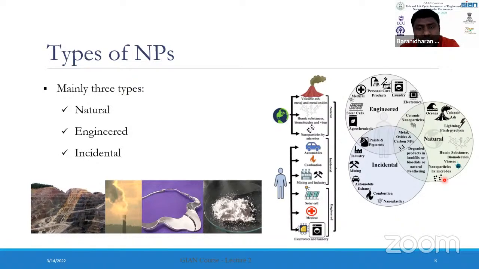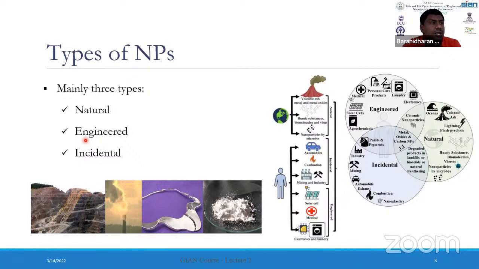their concentration or presence in the environment is not that huge when compared to the man-made nanoparticles, that we call engineered nanoparticles. So in one way we can term them man-made nanoparticles. Why? Because they have been made for a specific purpose in order to solve a problem. Otherwise, we can also say anthropogenic, that is also man-made, or engineered nanoparticles.